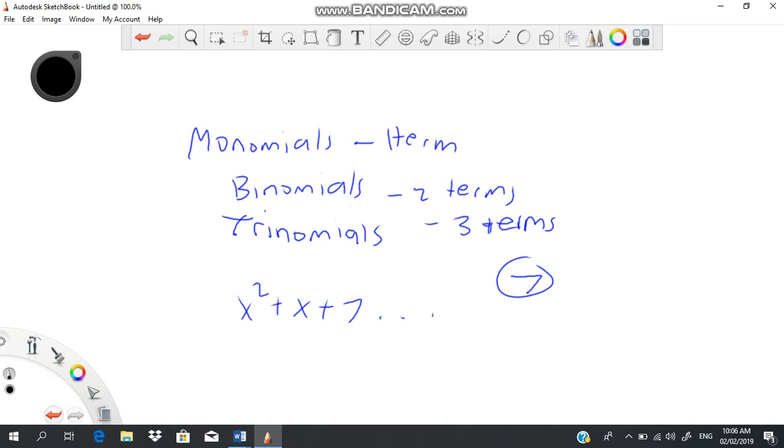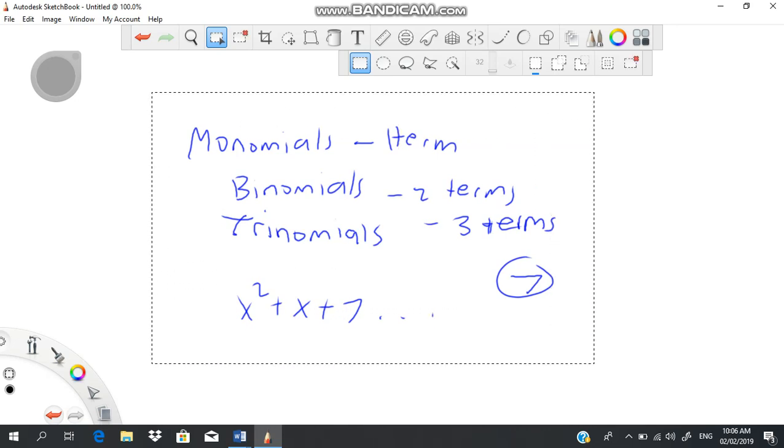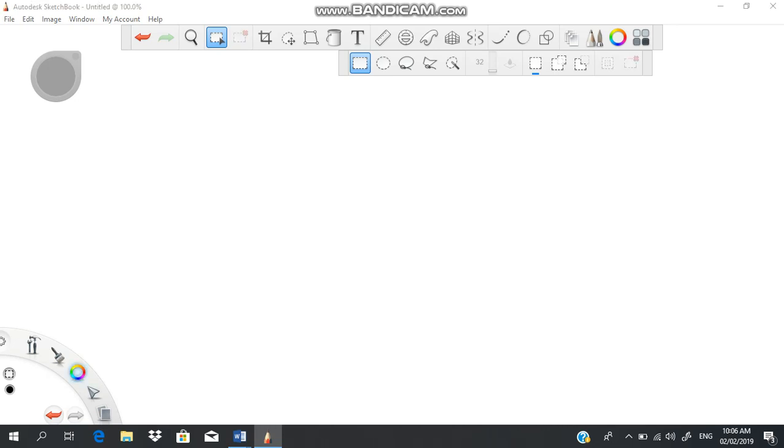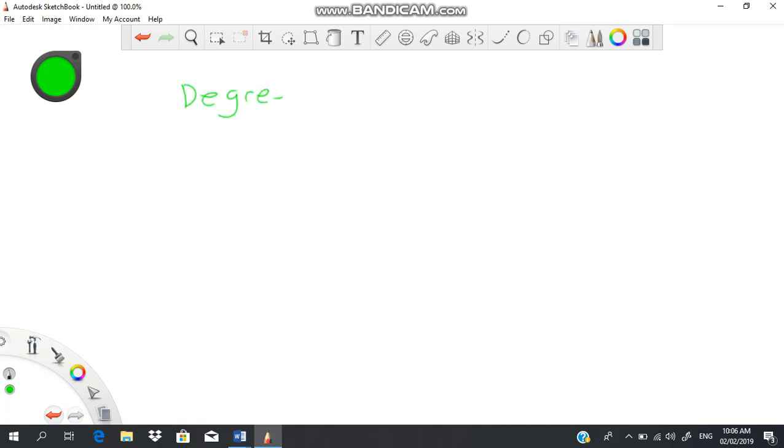So now we move on to the degrees of a polynomial. You would need this one because it would be needed in the addition and subtraction, multiplication and division of polynomials. Now, the degree of a one variable polynomial. So to identify the degree of a one variable polynomial, you should always just look at the variable.